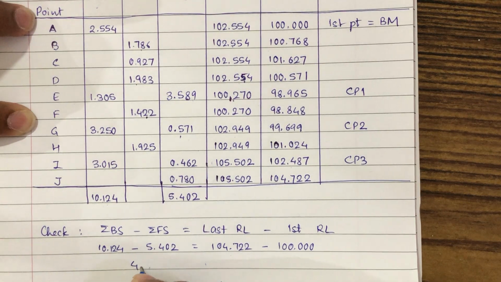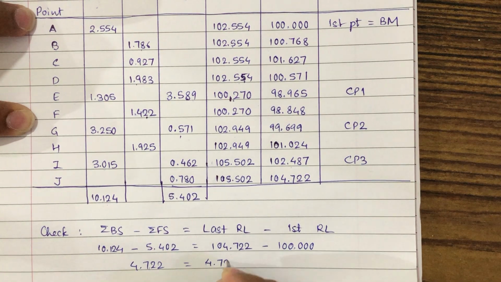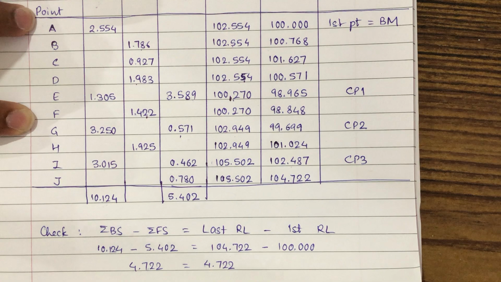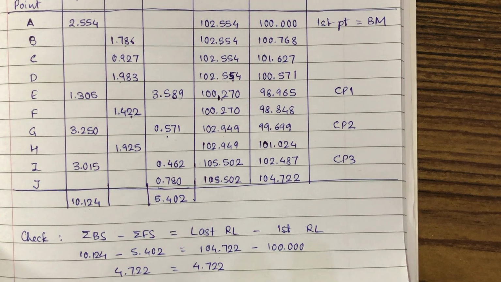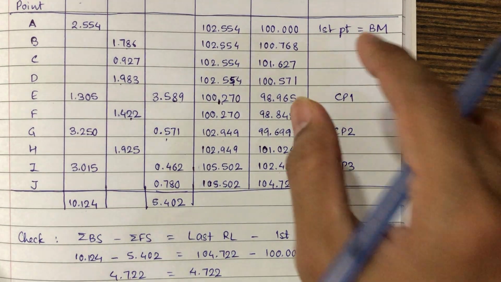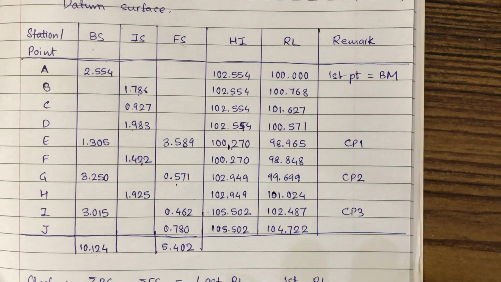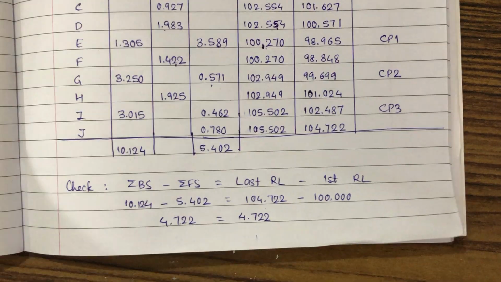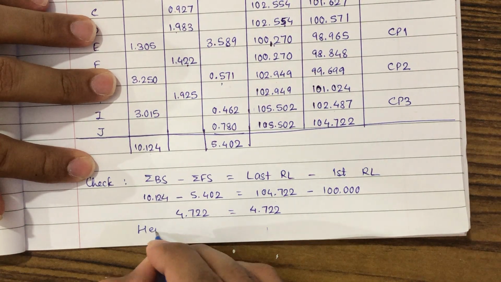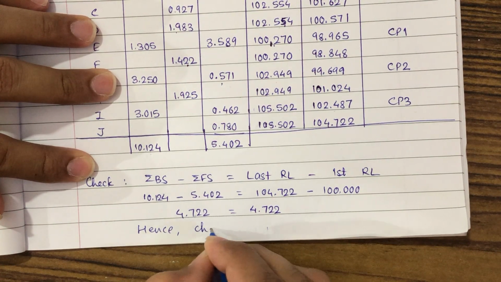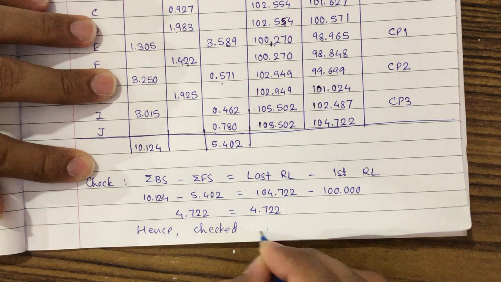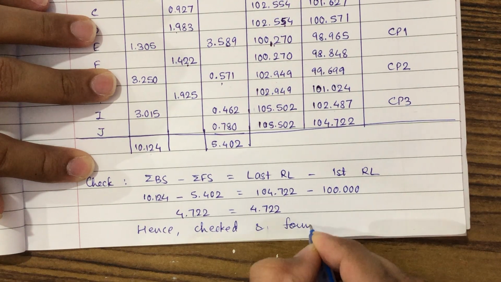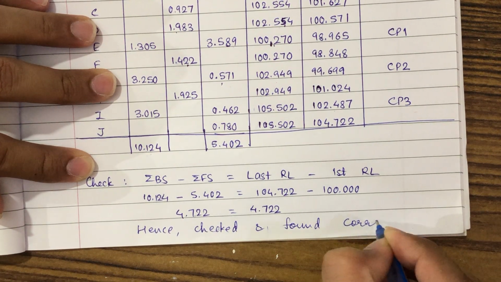This comes out to 4.722 and this also comes out to 4.722. If both the values are matching, it means all the calculations that you have done have been done accurately, and hence it is checked and found correct.